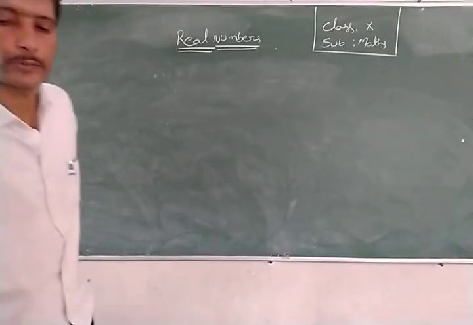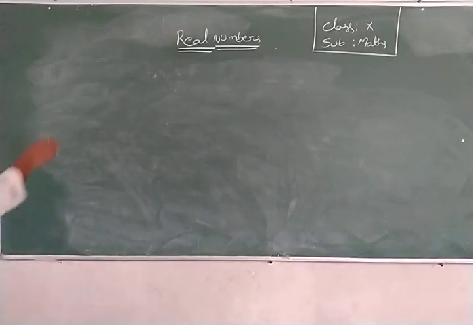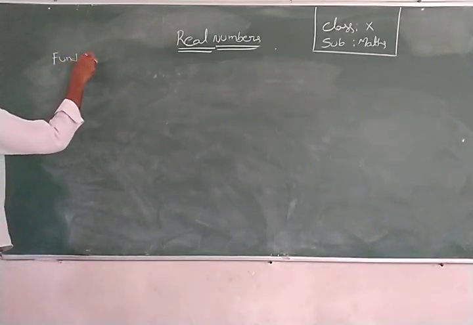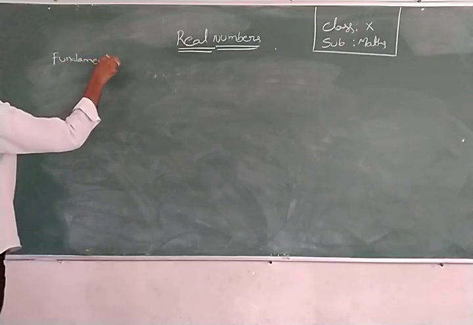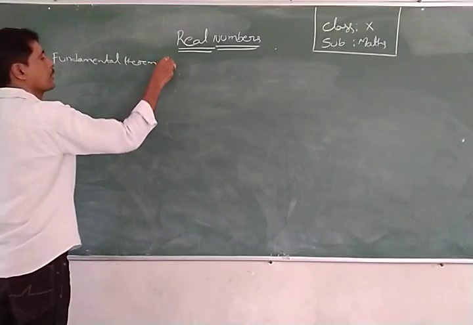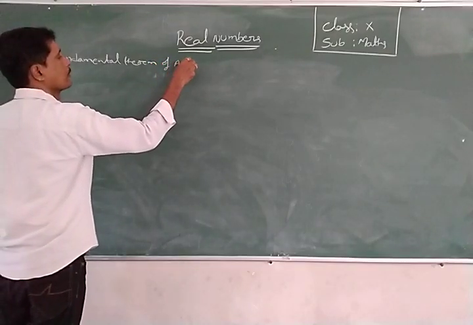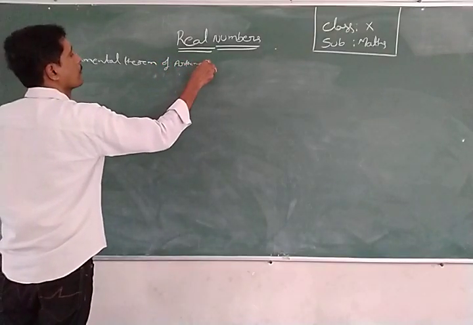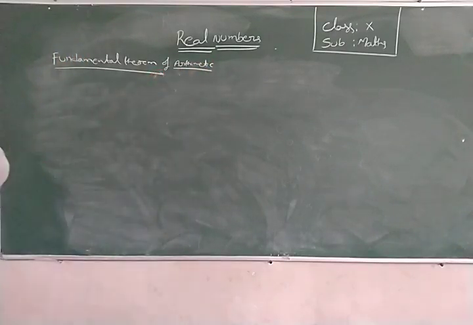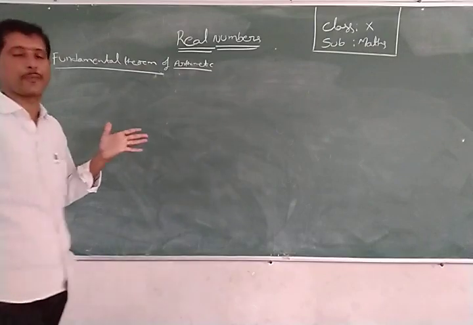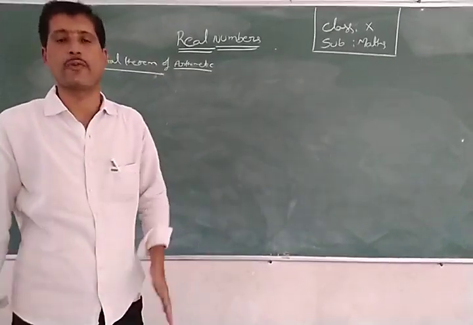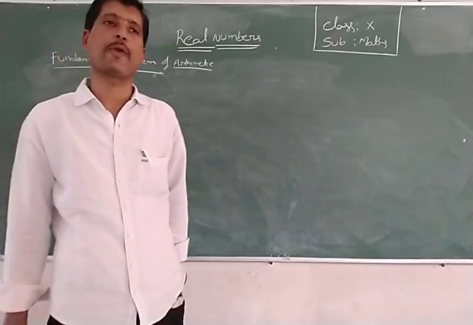Next one, a small statement: the fundamental theorem of arithmetic. Therefore, you know composite numbers; what is a prime number? A number having only two factors, one and itself, is called a prime number.